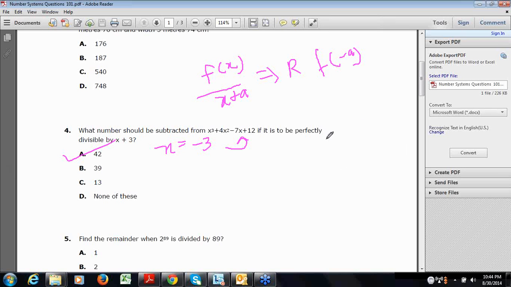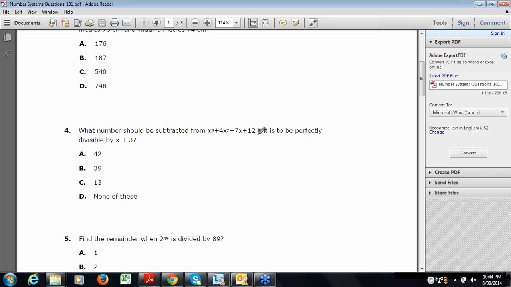You want a different way for this as well? Okay. Let me give you a different way for this. This is x cube plus 4x square minus 7x plus 12.